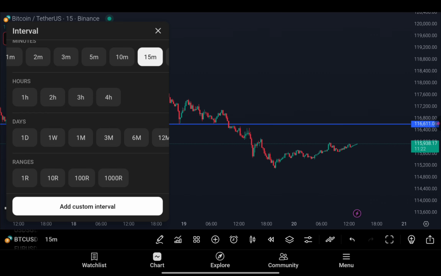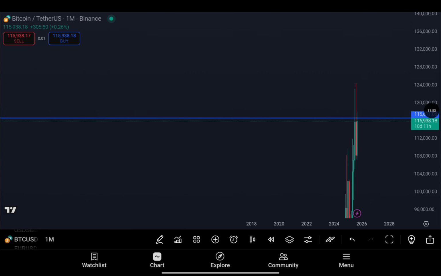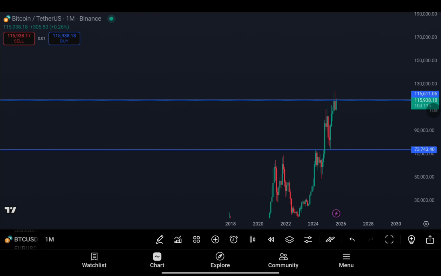Because like I showed you in the 1 month time frame, whatever goes up must come down, and whatever comes down must go up. So if peradventure at the end of the day the market finds its way down to this spot, then you should start expecting it to go up, right?